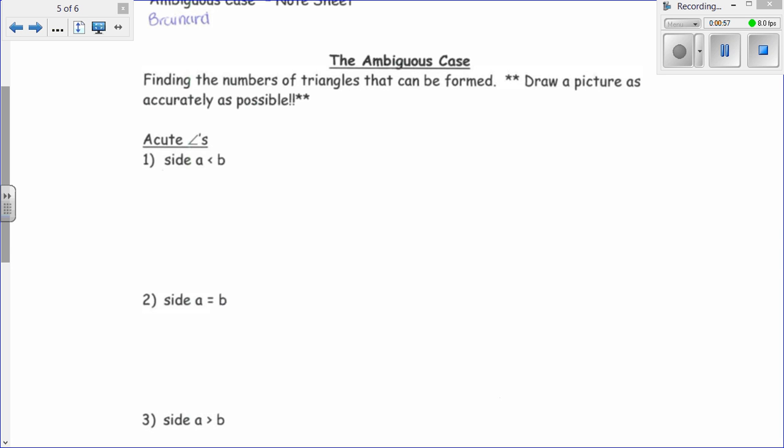Just for argument's sake, if the measure of angle A is equal to 30 degrees and side A is equal to 4 and side B is equal to 6, my situation is I have an acute angle and side A is less than side B.